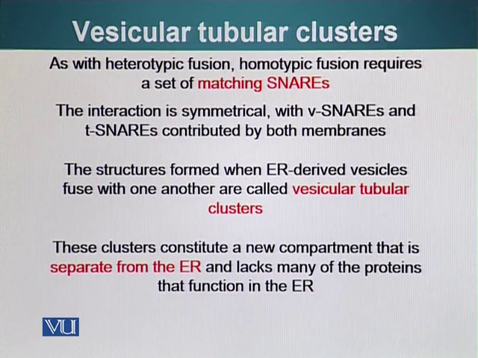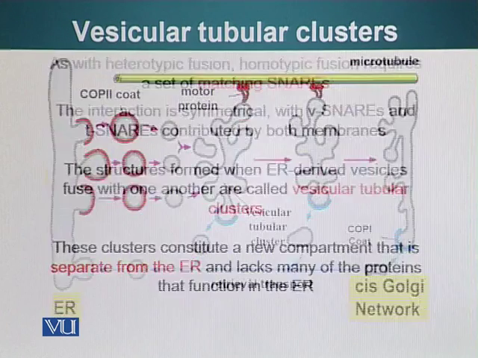I'll show you a diagram of that too, but I would like to tell you that these clusters constitute a new compartment that is distinct from endoplasmic reticulum, since it lacks many proteins the endoplasmic reticulum has, and it is different from the Golgi apparatus because it contains certain proteins that the Golgi apparatus does not have. So let's look at that.